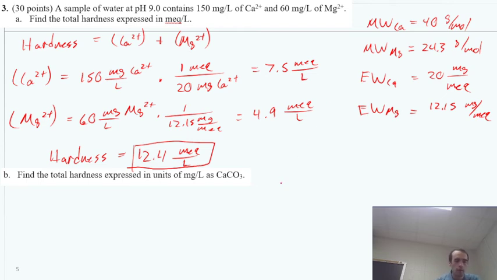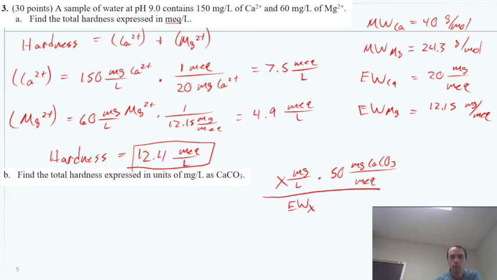So that requires us to take some X milligrams per liter of some substance and multiply it by 50, the equivalent weight for calcium carbonate, 50 milligrams CaCO3 per milliequivalent, and then divide this by the equivalent weight of X. That's going to be a milligrams X per milliequivalent.